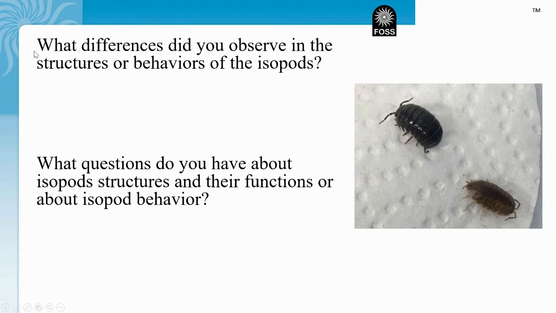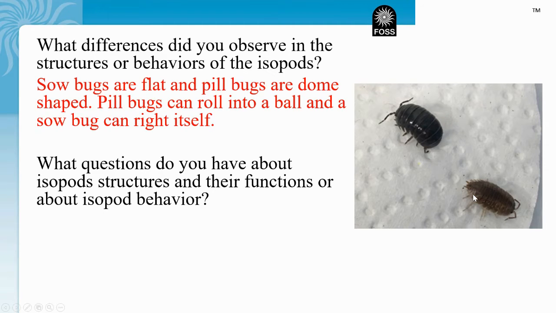What differences did you observe in the structures or behaviors of the isopods? So the question was asking you to compare the pill bug and the sow bug. So these are some of your answers. Sow bugs are flat and pill bugs are dome-shaped. See that? Relatively flat. And then the pill bug has like a dome shape.